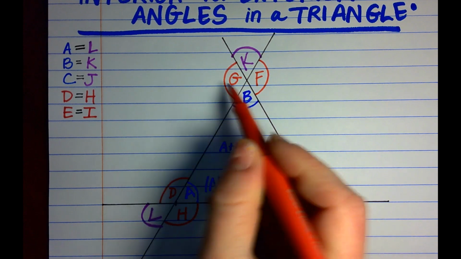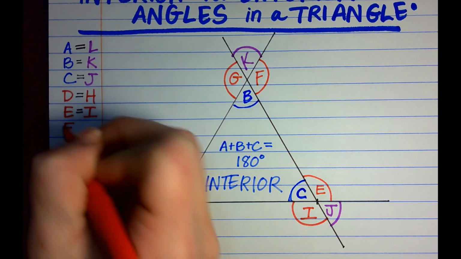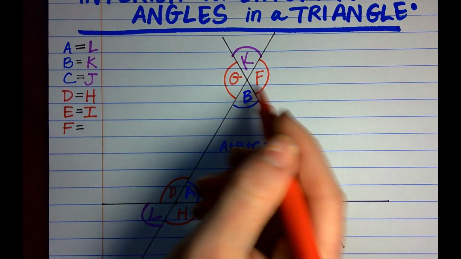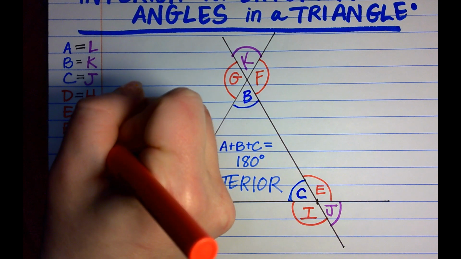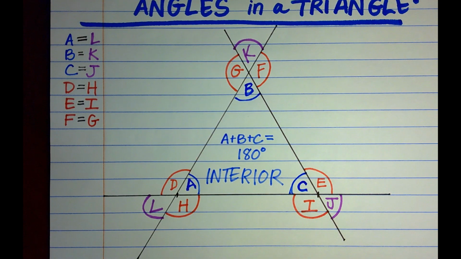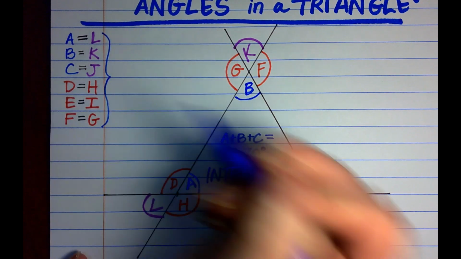G and F. F and G, it's the same. Okay, so that's already 6 sets of angles that are equal to each other. Wow, that's a lot. And these are all vertical angles.